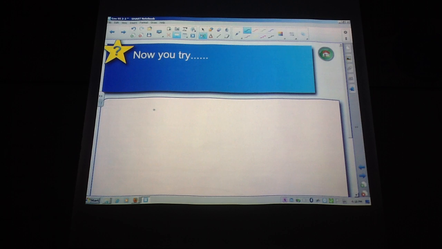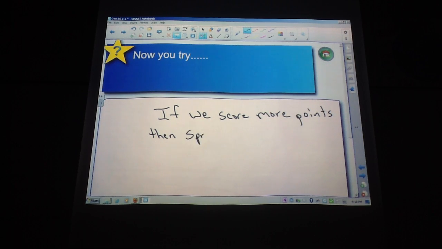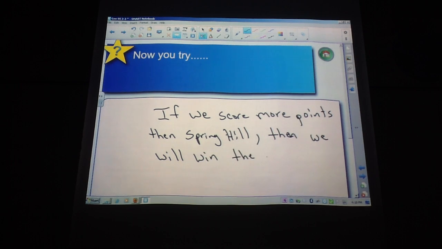So we'll say something like, if we score more points than Spring Hill, then we will win the game. So there's another example of an if-then statement.